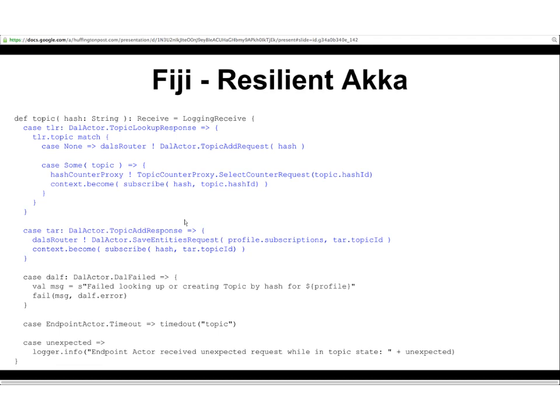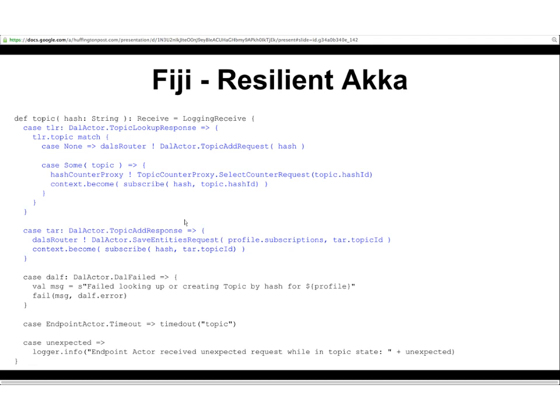So what I'm going to show you is the receive method, really the receive function that is dealing with that, and it's really just the code in blue that you're seeing here. So when we go into the topic state, we're using this receive function, and there's 2 cases. We either get a topic lookup response or a topic add response, and the topic lookup response deals with whether it's None or Some, either sending a message or an alternative message and changing state or not.